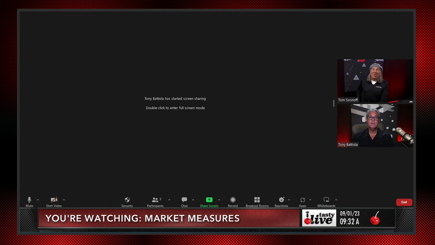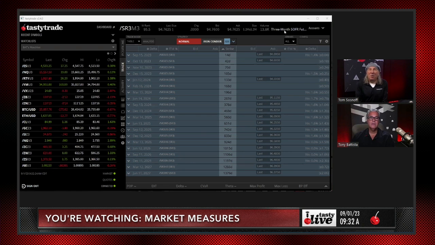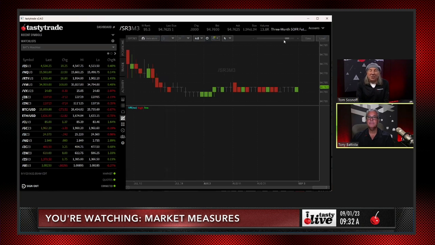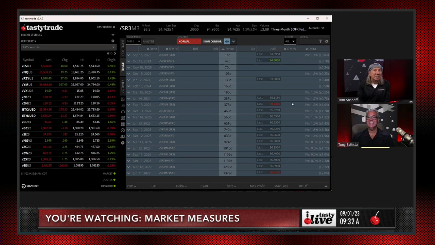It's the 3 month interest rate, the replacement for the Eurodollar. The IV rank is like 95 and change. So don't trade it. It's got a volatility of 1. I get a lot of questions from customers about this product, because when they scan, it pops up as the highest IVR. Don't trade it. It's not a retail product, and you can't make any money trading the options in there.